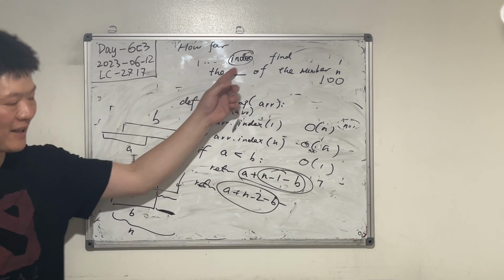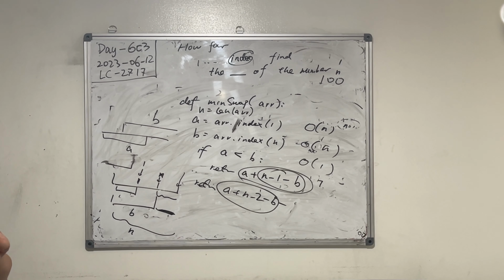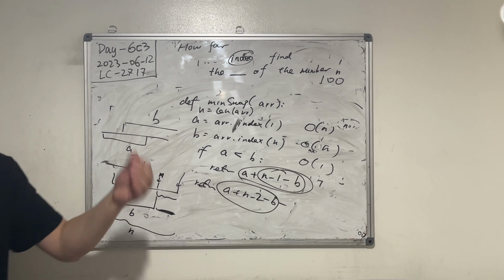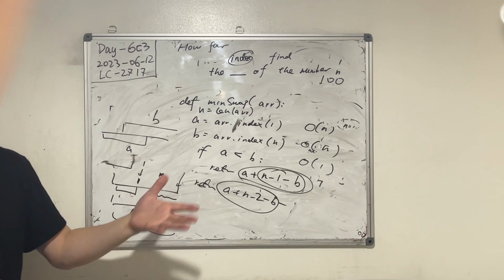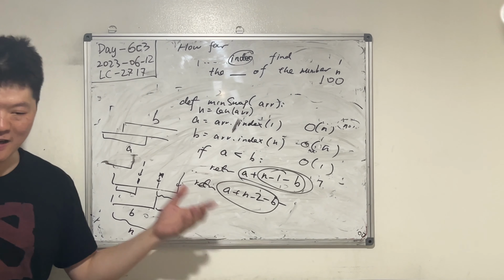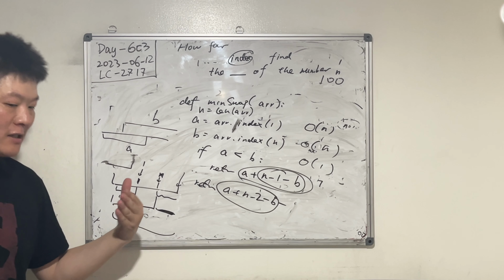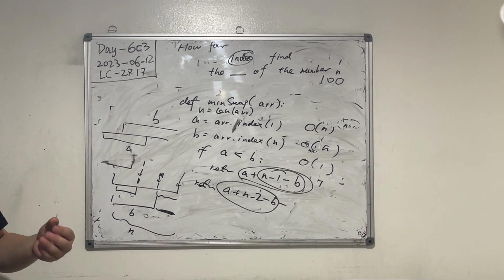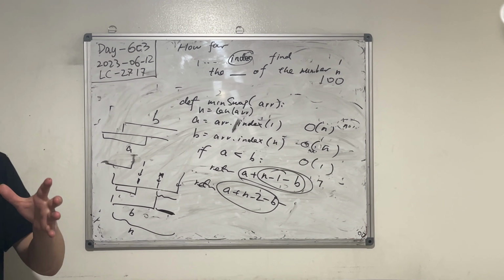We use the index function to find the position where the element appears in the array. As long as we have these two indexes, we can calculate it. There are only two cases. The first case is the 1 is before n. The second case is that n is before 1. When n is before 1, when they cross each other, we save one swap.